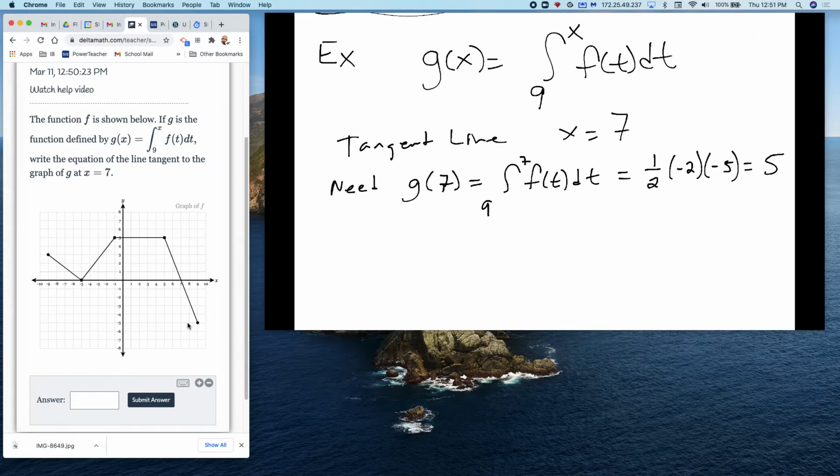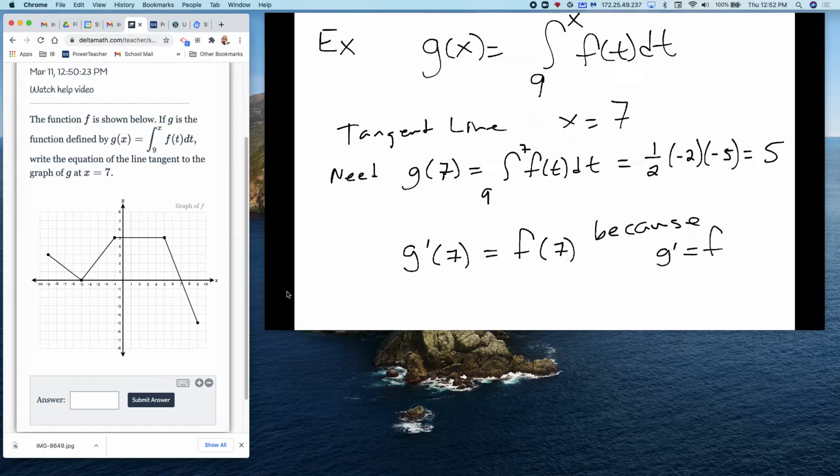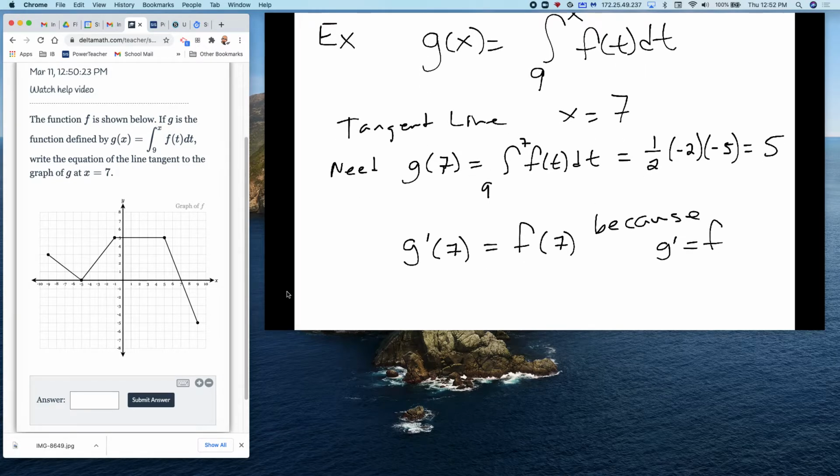The other thing we need is to figure out what g prime of 7 is. Well, g prime of 7 is f of 7 because g prime is equal to f. g prime equaling f, f of 7 is equal to 0.